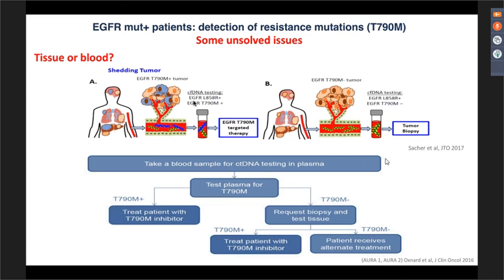If you don't find the mutation, if it is negative, then you have to request a rebiopsy and test the tissue. In the case of a positive result, you can treat the patient with an inhibitor of this mutation. Or if you don't find the mutation, you can have other options in order to find some other mechanism of resistance.